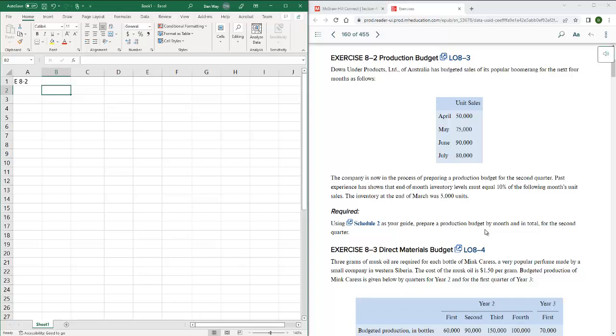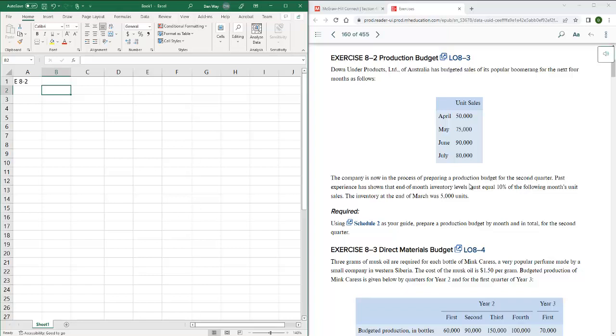So before we prepare a production budget by month here, I did want to just talk for a quick second about that. As you read a little bit about in Chapter 8, a lot of assumptions we make about these inventory levels, there's several different reasons for those, right? So if you think about a company selling this boomerang here or selling anything really, probably want to have some inventory on hand in case our demand is greater than expected.